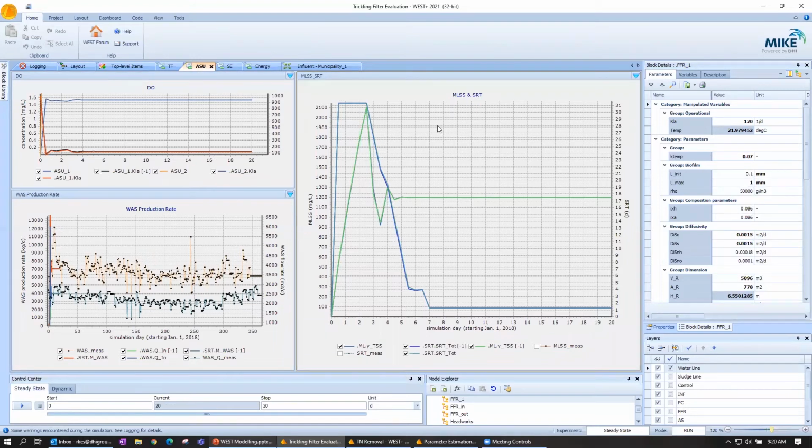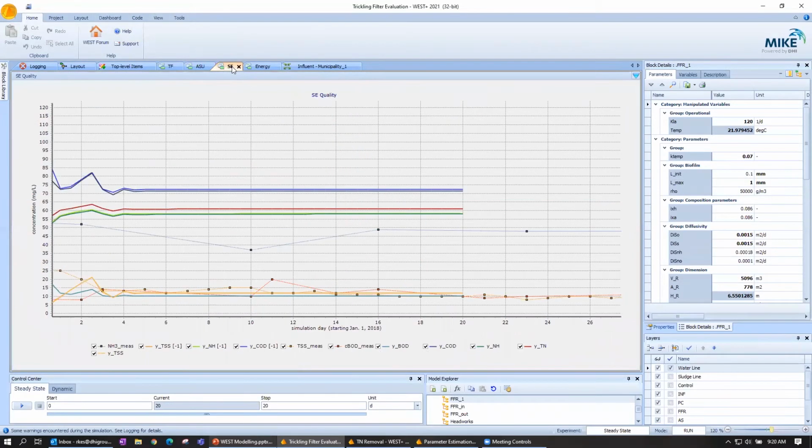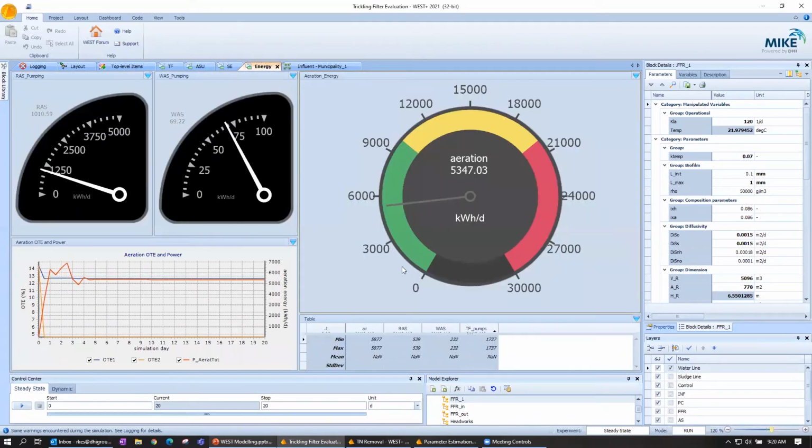We'll note that there's really no change to SRT or DO, secondary effluent quality, and here's that dashboard. I wanted to point out that there's very little change to the aeration energy required when we change the filter performance there.